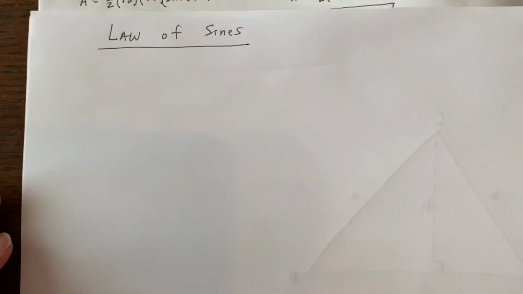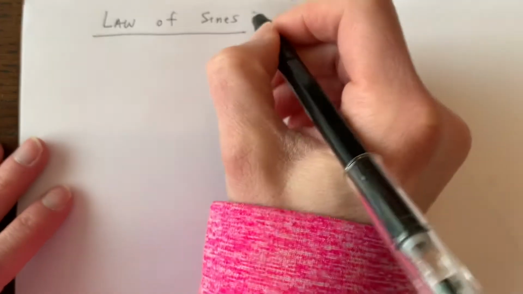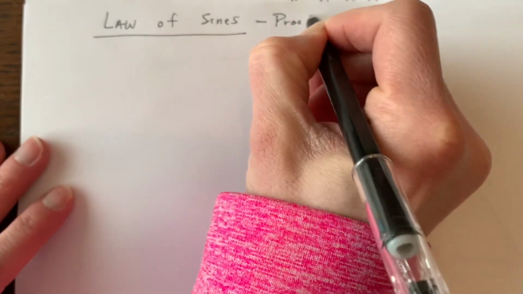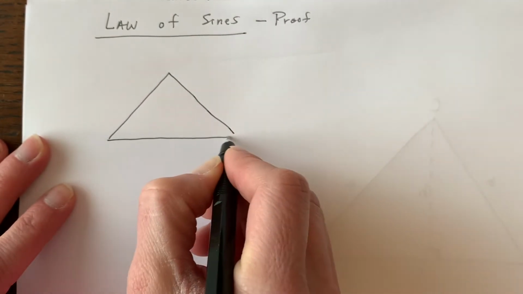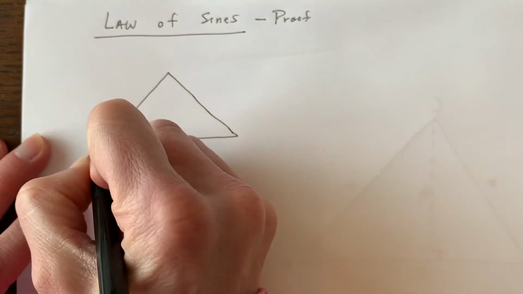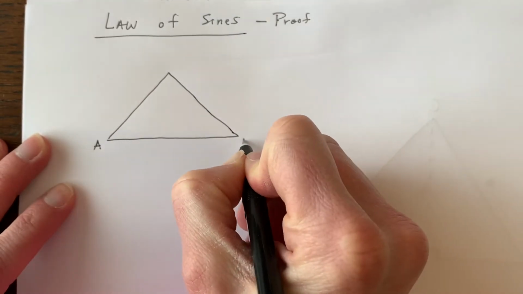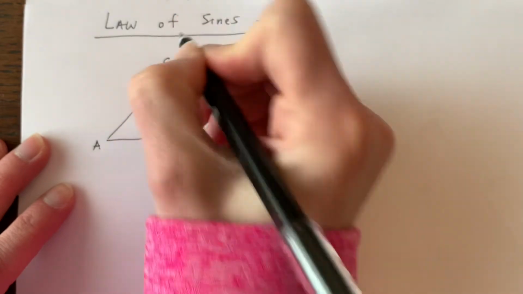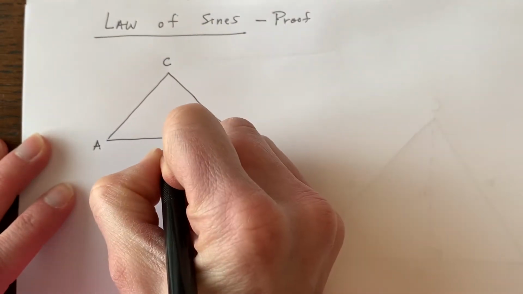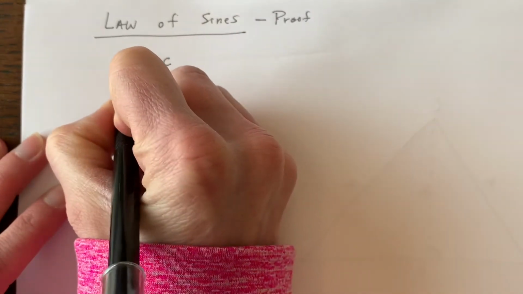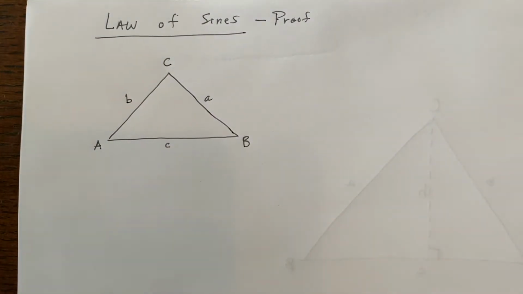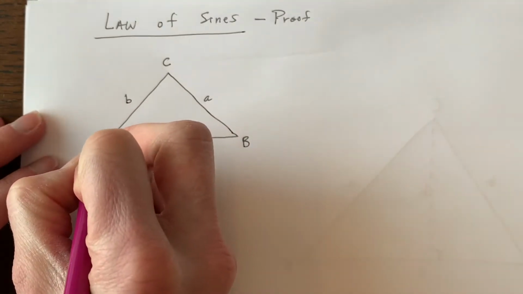Okay, once again, we're going to draw a non-right triangle, so an oblique triangle. So here's my triangle, and I'm going to label the angles, angle A, angle B, and angle C, which means we have side C, we have side A, and across from angle B is side B. Now, the law of sines occurs when we know a combination of sides and angles, one of those being angle, side, angle.